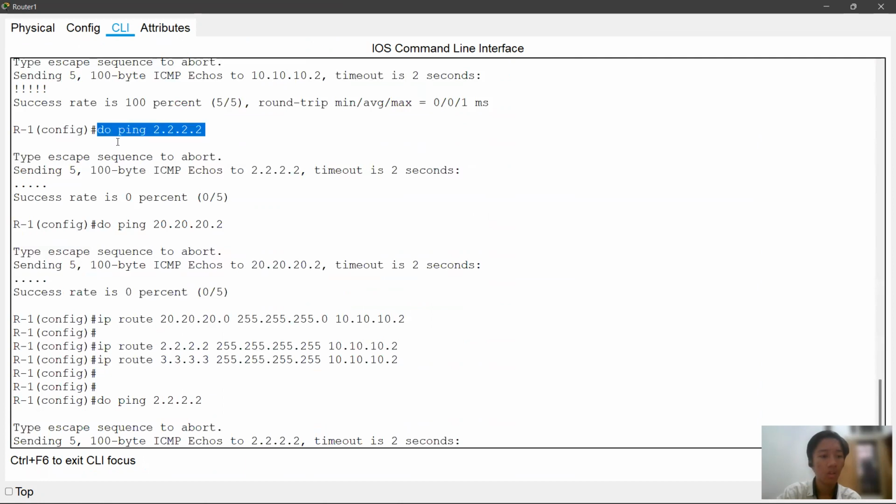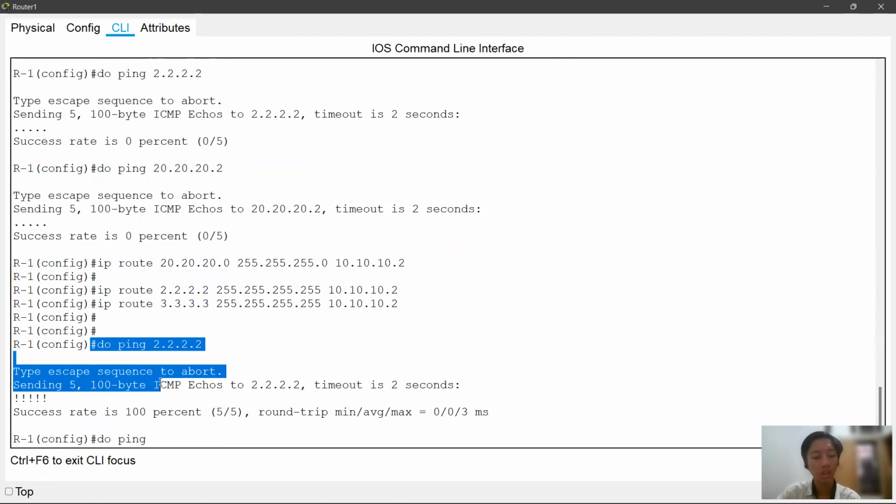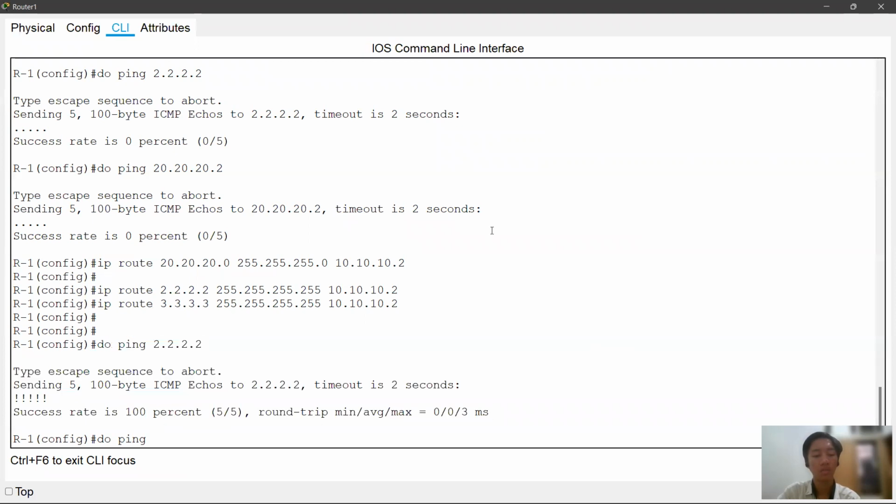This one, the ping success rate was 0% before we used static routing, but after we use static routing, when we ping the loopback of router 2, the success rate is 100%.